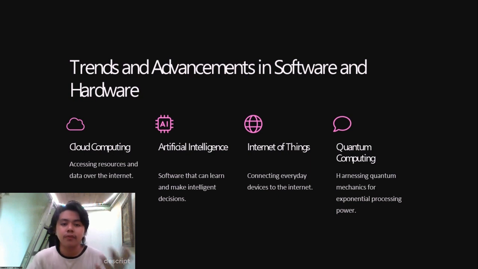Example, virtual assistants such as Google Assistant or Amazon Alexa understand user questions and commands and provide relevant and useful responses. 3. Internet of Things, connecting everyday devices to the internet.